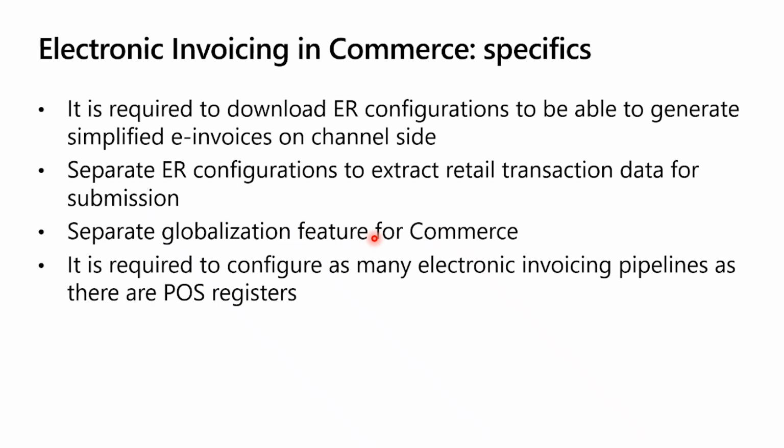For Commerce specifically, you need to import Commerce-specific electronic invoicing feature by Microsoft, and you need to also set it up using the real CSIDs that you get from the government for each of your POS registers, right? And then also you need, as I mentioned, to configure as many feature setups for your electronic invoicing feature, or as we call it, electronic invoicing pipelines, as you have POS registers.